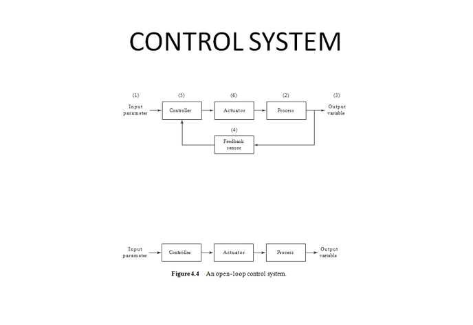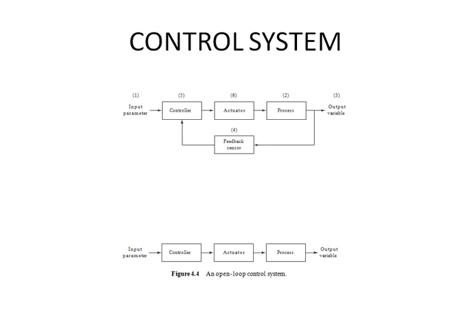If you take the closed loop control system, here you can see the elements defined: the input parameter and the output variable. In between there are the controller, actuator and process, and also the feedback sensor, which gives the feedback. The feedback sensor indicates whether the given input parameter is correct or not.